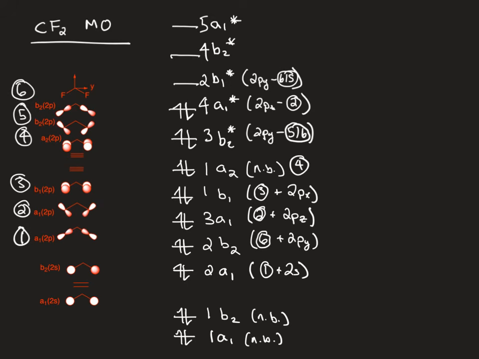In addition, I've put down the primary contributions to several of these molecular orbitals based on the atomic orbitals from carbon and the ligand group orbitals overlapping with those. The lowest energy A1 and B2 molecular orbitals look virtually identical to these SALCs over here, so I'm not going to replot those. Instead, I'm going to plot all of these higher energy molecular orbitals so we can see what they look like.